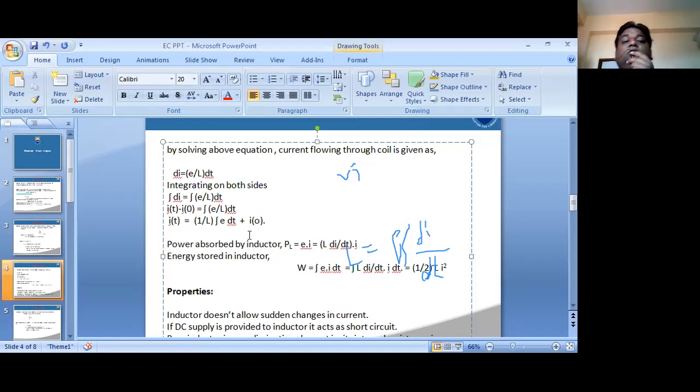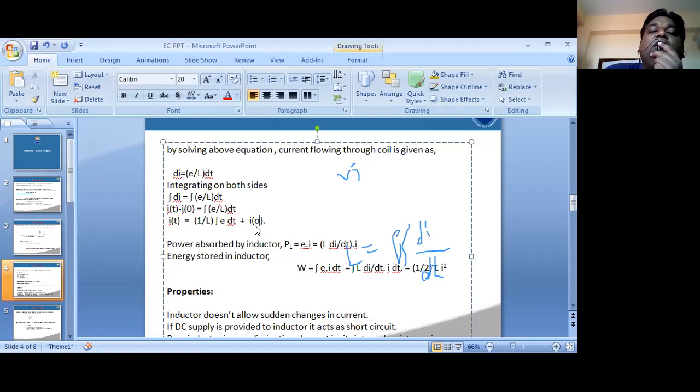Suppose there is no initial current, that is I of 0 is 0. This is possible when the inductor element is a fresh inductor element.